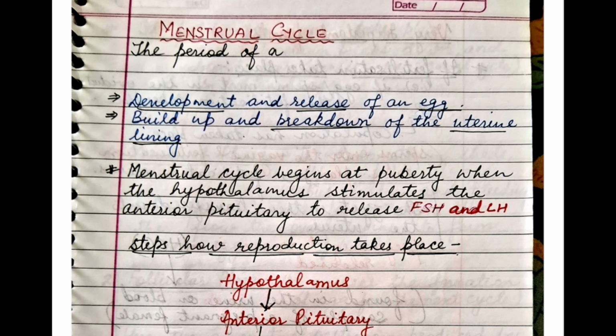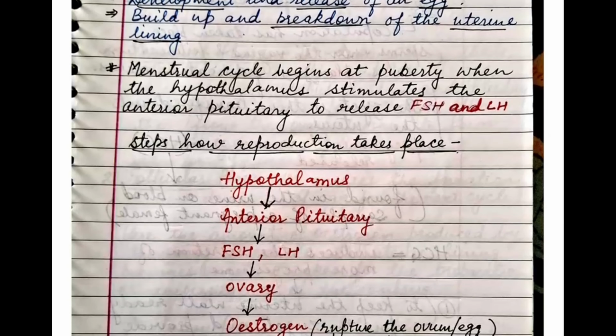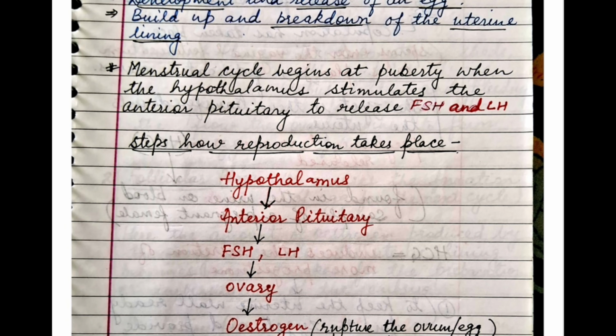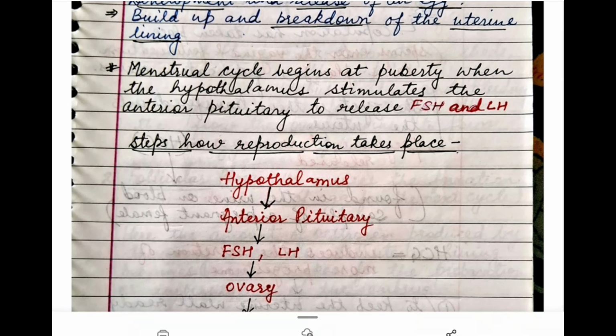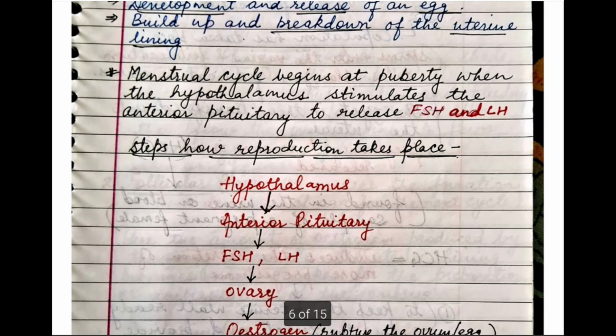Now coming to the menstrual cycle, this is a very important part. Here there is development and release of the egg, then build up and breakdown of the uterine wall. The menstrual cycle begins at puberty, when the hypothalamus stimulates the anterior pituitary to release FSH and LH.